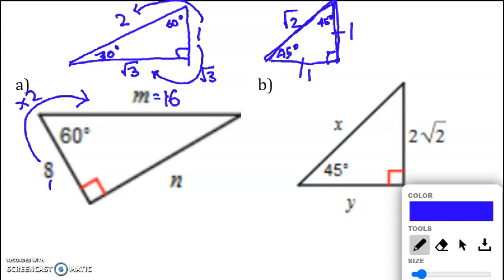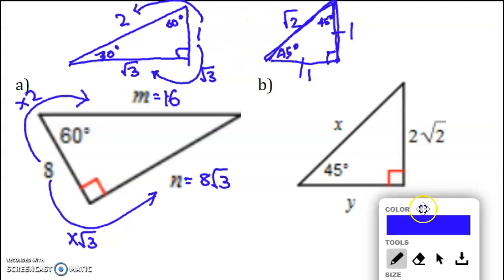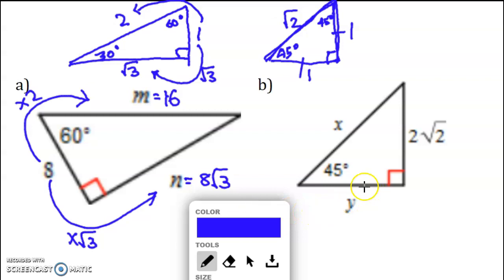So 8 times root 3 is just going to be 8 root 3. Okay, good. Now let's go on to B.